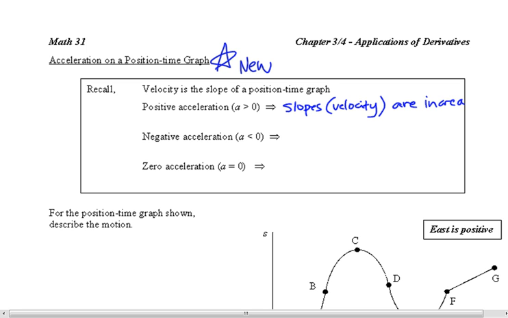Actually, we need a little room here because you have to draw a picture. So on a position time graph, this is a situation where our velocity is increasing because our slopes are increasing.